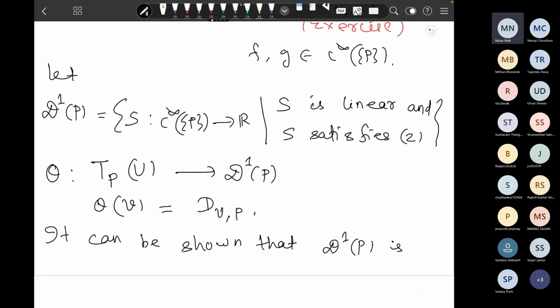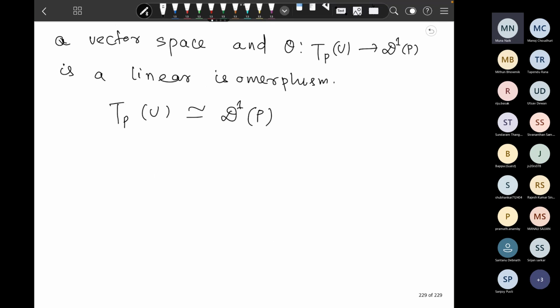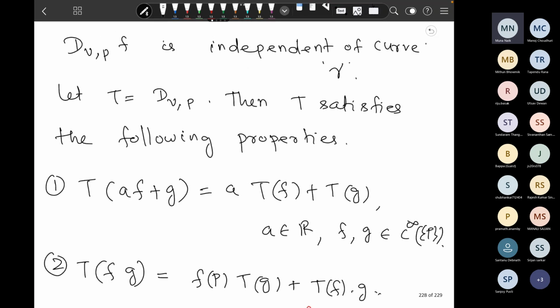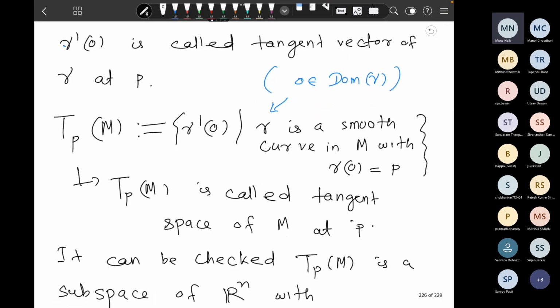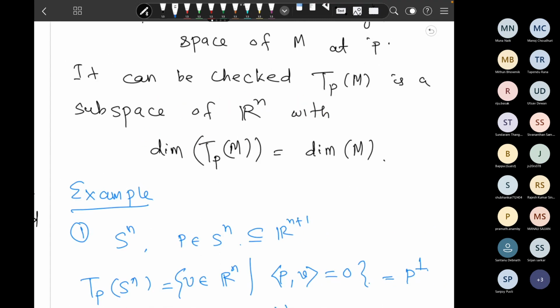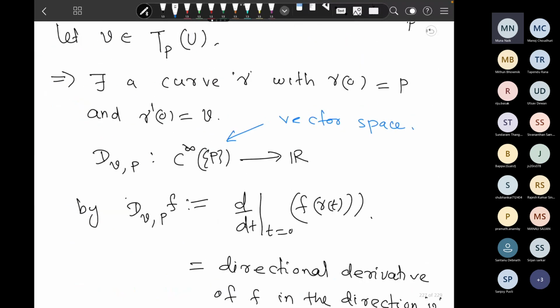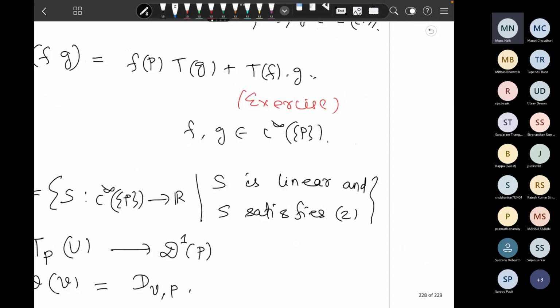From now onwards we will say that our tangent space is D1P. Now what I have done is start with a manifold M, a subset of R^n. Now I will forget this and just start from a manifold M, and then we define the tangent space and vector fields.